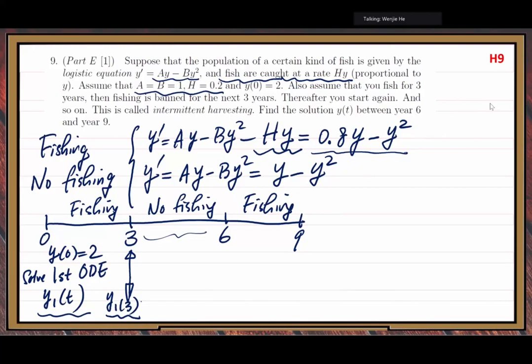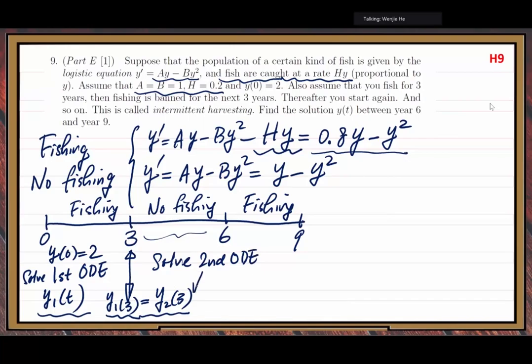And that solution, you use y2 to represent. So y2's value at 3 equals the same y1 value. So y2 has its initial value. Then you solve the second ODE with this initial value.